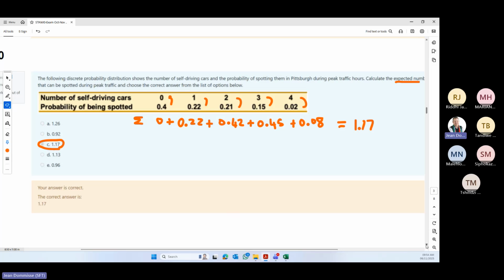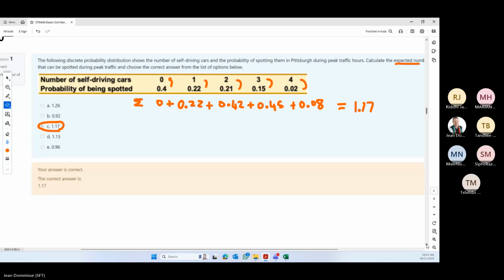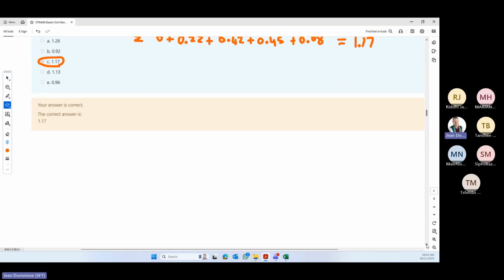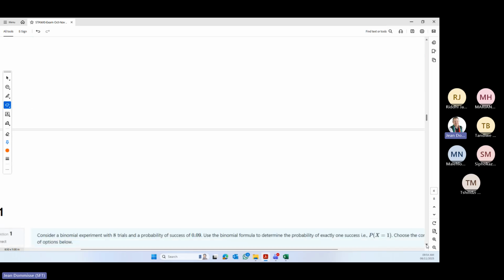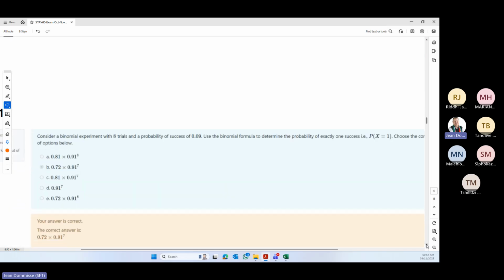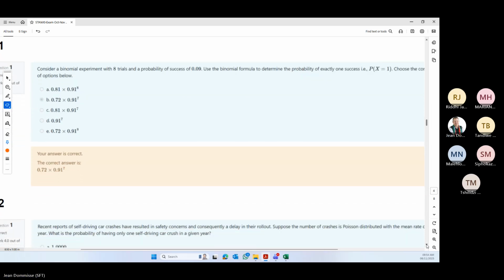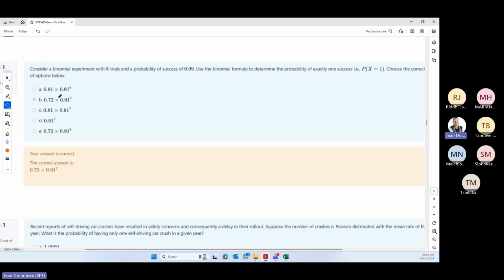Okay, so let's look at the next one. Discrete, then most likely binomial, unless they give us another discrete distribution. But now they don't ask us to work it out. They want us to consider the binomial experiment of 8 trials, and the probability of success is 0.09.